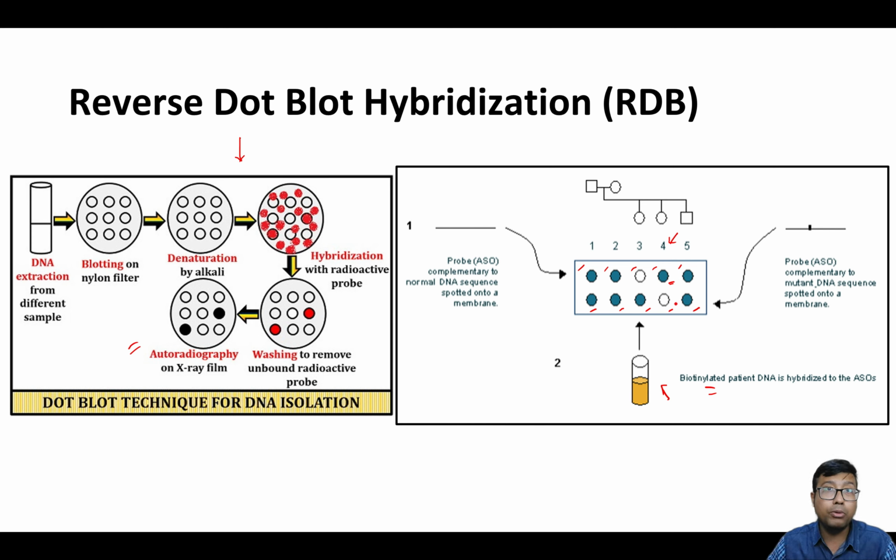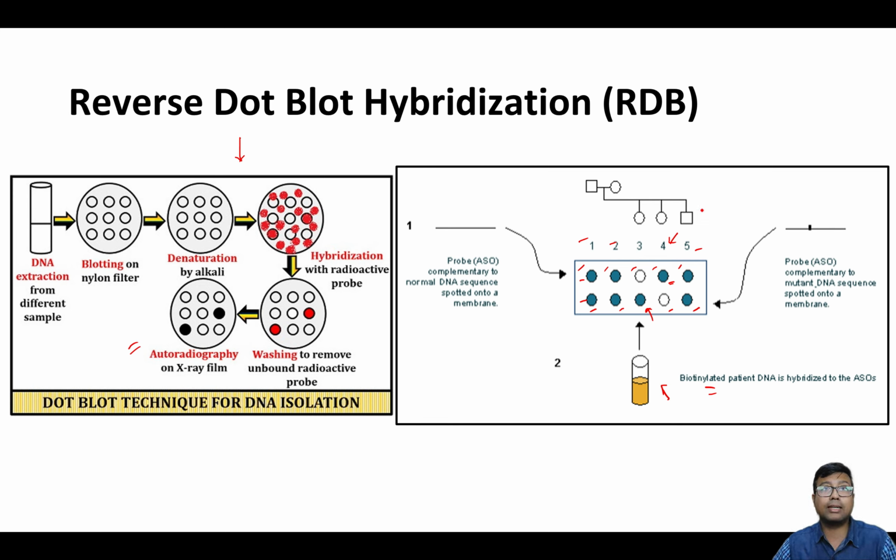It means there is no mutation. In case of number 3, the DNA has only bound to the mutant and not to the normal, means there is a mutation, and it is homozygous. Whereas in case 1, 2 and 5, the DNA has bound to both the probes. It means there is a heterozygous mutation.